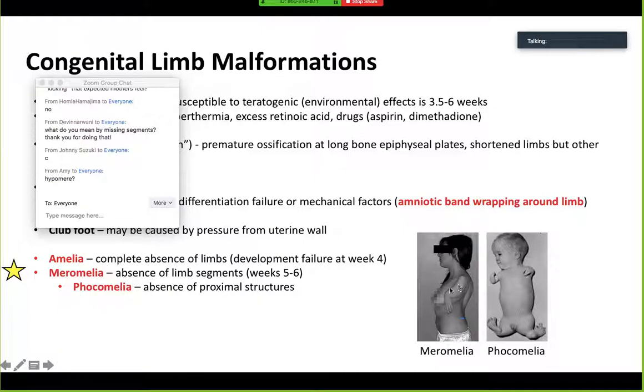Meromelia, you see how it looks like she's missing a forearm maybe? So you're missing just a segment. And then phocomelia, you're completely missing the proximal structures in all four limbs. So just hands, just feet, no arm or forearm.